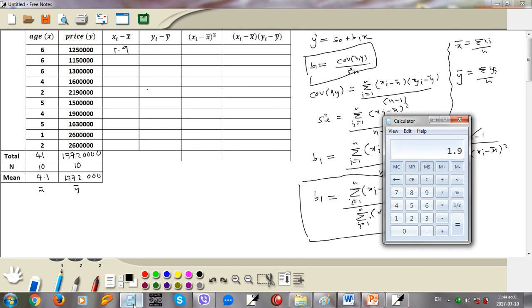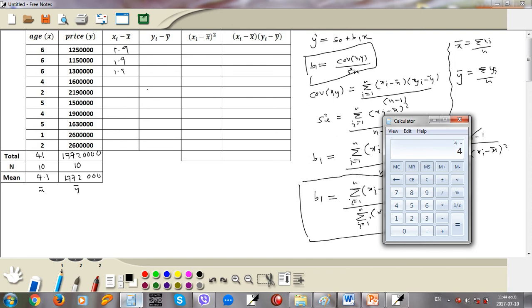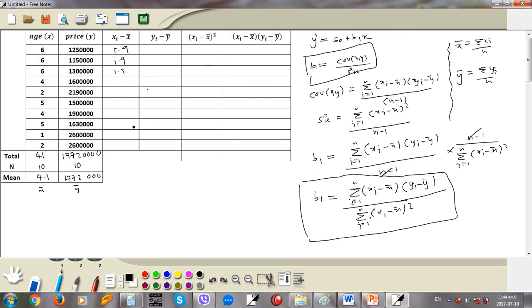Our second value is again 6, so again 1.9. Another one is 4, so xi is 4 minus 4.1, our mean, that is minus 0.1. You can find the other values also.